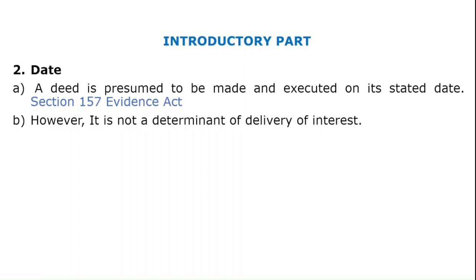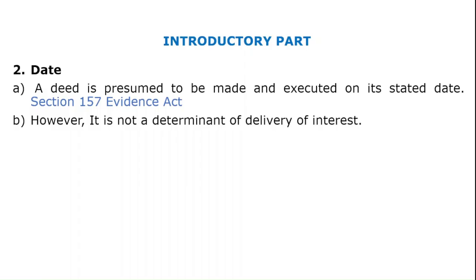So where the court has presumed before that the date on this deed was when interest passed, a party can argue and prove and demonstrate before the court that no, although this is the date on this deed, this was not when interest passed. Which is why you must now know that date therefore does not determine when interest moved from the assignor to the assignee. I'll put it differently.